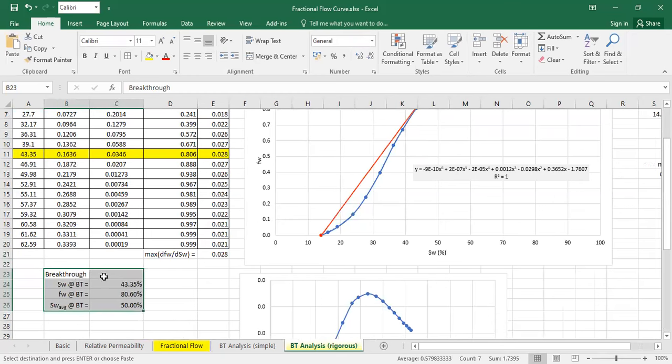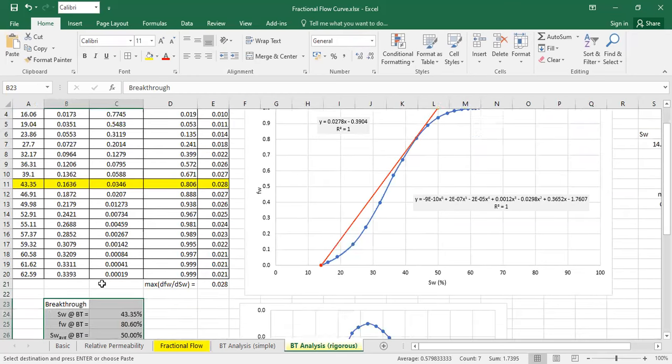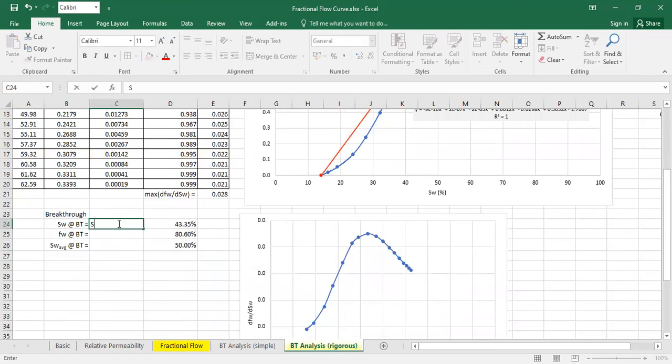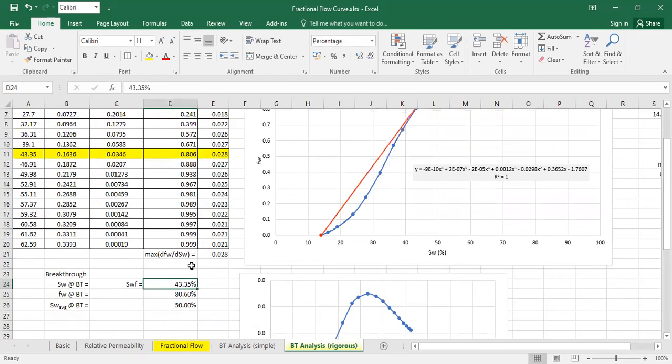Okay, so the water saturation at breakthrough, which is actually the same as saying water saturation at front, SWF, is 43.35%. And we can also, let's say, divide by 100: 0.4335.